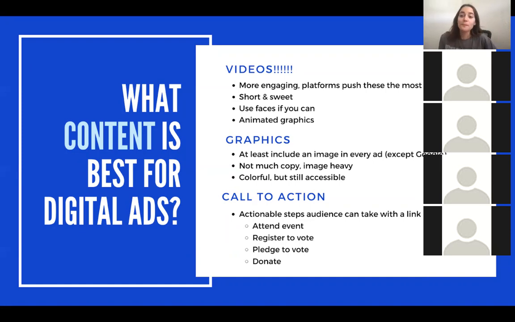Honestly, you can make a graphic, and if you're using Canva, you can just have that graphic be animated, and that is automatically more engaging to someone scrolling and seeing the promoted ad than a static graphic. So as much as you can, if you're doing digital ads, try to make the images move so that you can capture people's attention, because you only have a short amount of time to do that.